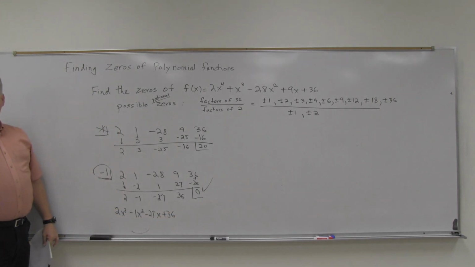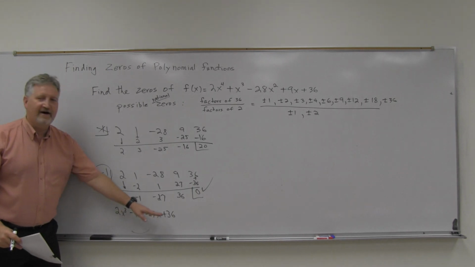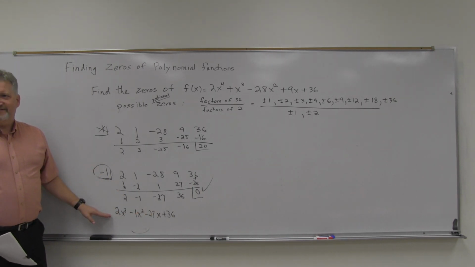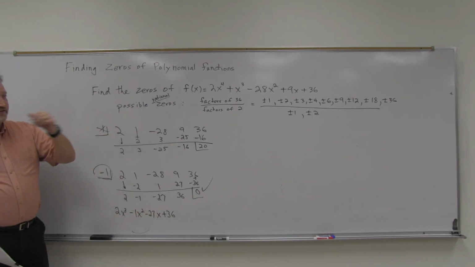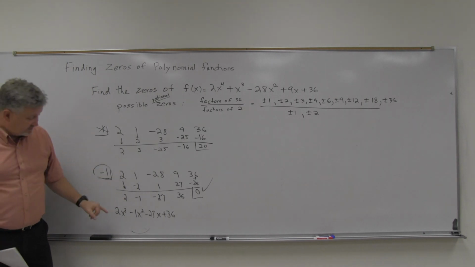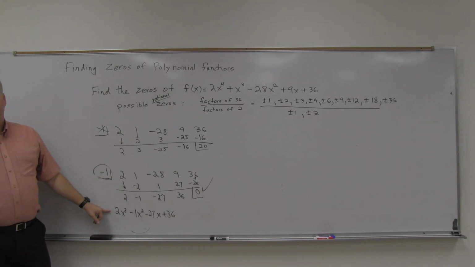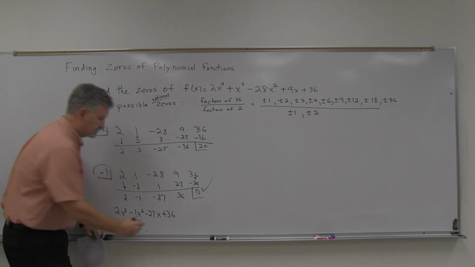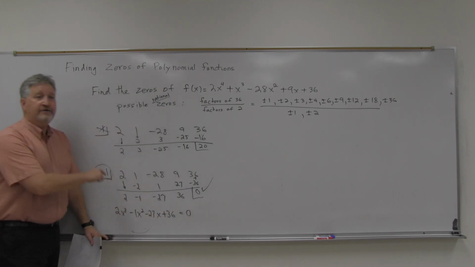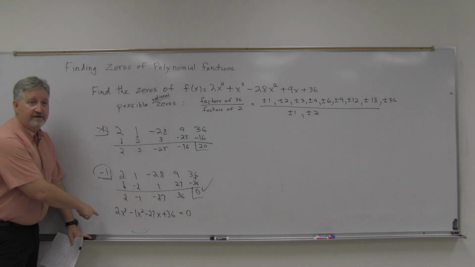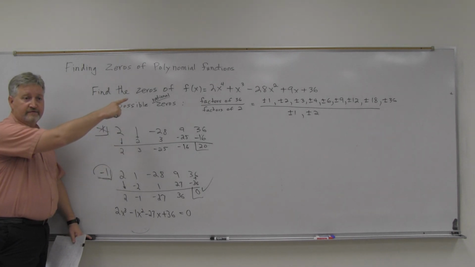The dilemma is, well, I've still got a cubed. Unlike the previous one where this came out to be an x squared, which I know the quadratic formula at least, or factoring, but I can do the same process on this that I did on that.